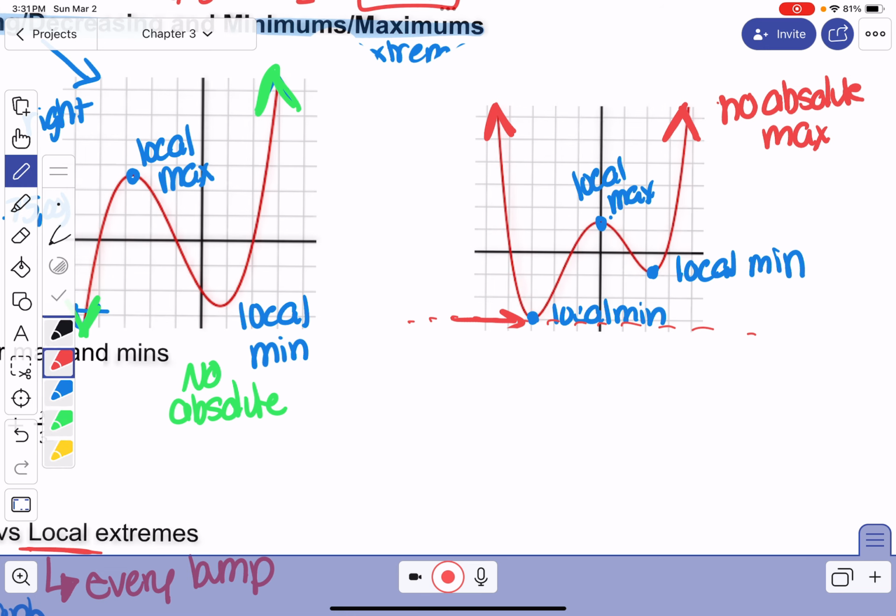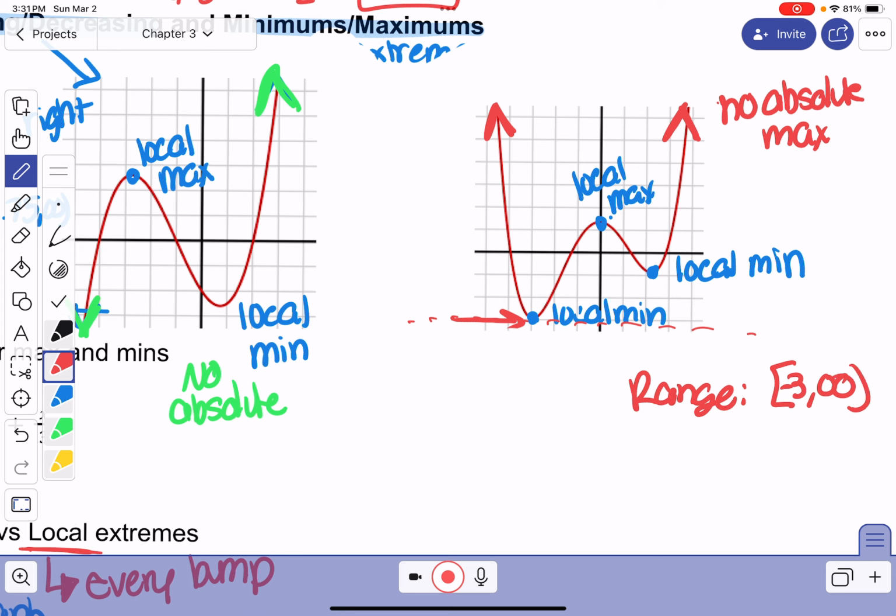If we were doing our range here, that's where the graph would bottom out. Our range would be negative 3 to infinity, meaning that is an absolute minimum. So it can be both a local and an absolute because there's never a point lower than that on the whole graph. So that is what we needed out of section 3.3.